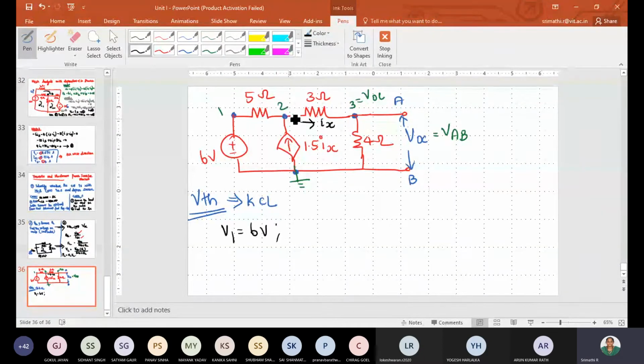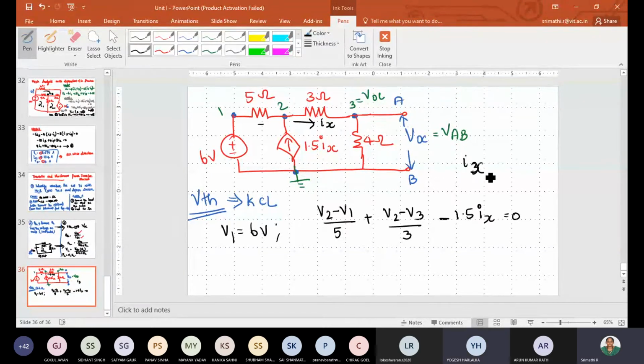Whenever I am considering a node, that node potential will be higher than the other node. So (V2 minus V1) by 5 plus (V2 minus V3) by 3, and this is incoming current, so it should be minus 1.5 Ix, equal to 0. What is Ix?